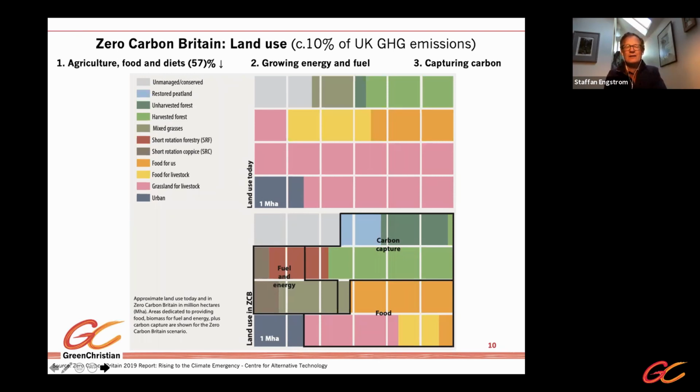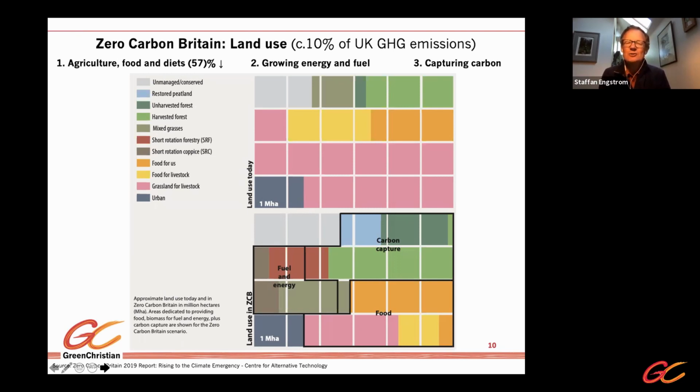And I love this diagram because what it shows at the top is each of the squares represents 1 million hectares of the UK's land and how it is used. And they envisage a repurposing of how land is used in the UK.